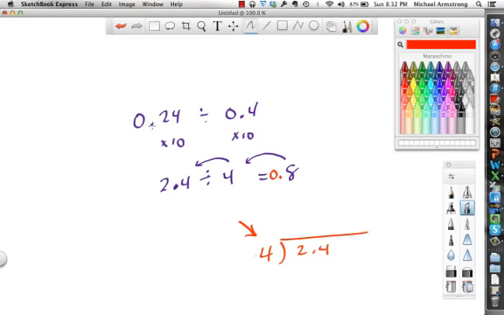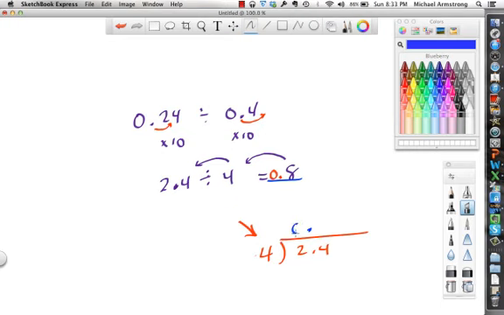So when we moved this decimal one place and this decimal one place, it got rid of the decimal in the divisor. It's okay if the decimal is still in the dividend, but we got rid of the decimal in the divisor. Okay, I started to make a mistake there with what I was saying. Hopefully you guys understood. So we just put the decimal up and we do long division. Even if we're not sure we want to do this in our head, 0.8, we can just do long division.